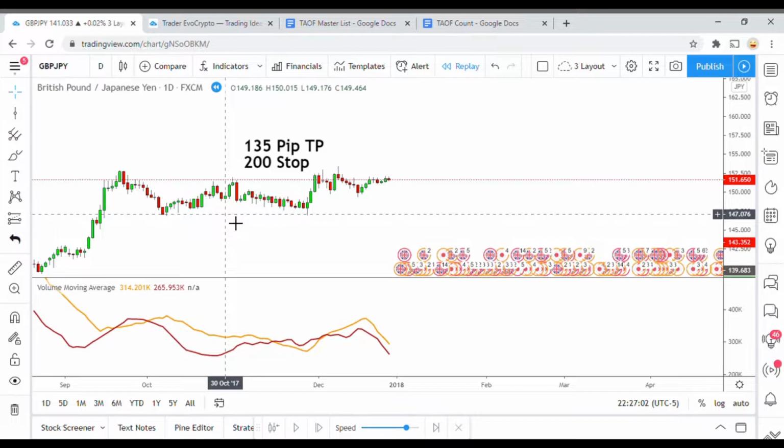Now, as I said, this one's a little bit different because it's not just a standard moving average. It's a two-lined moving average. The whole system obviously works off of the two moving averages being in relation to each other.